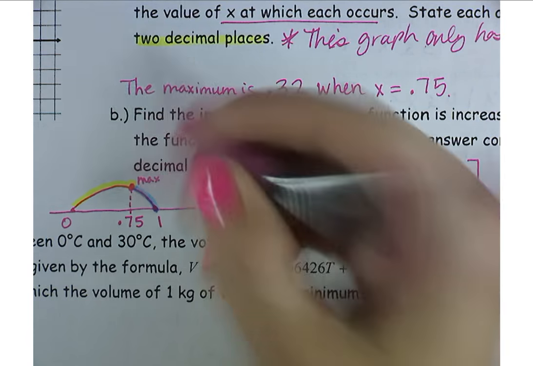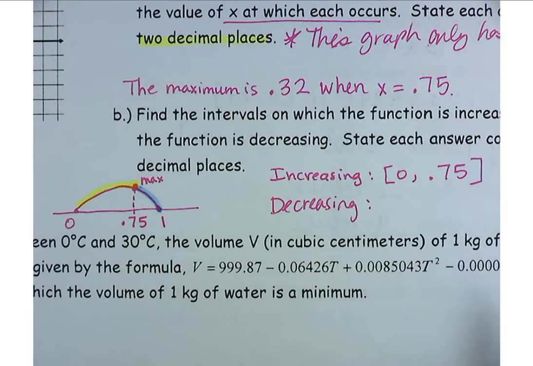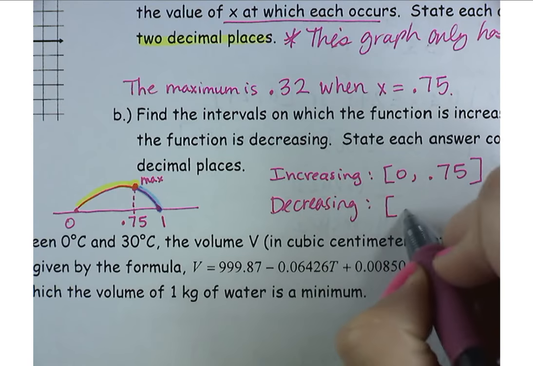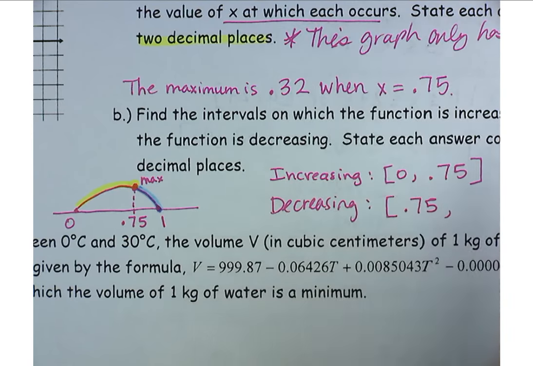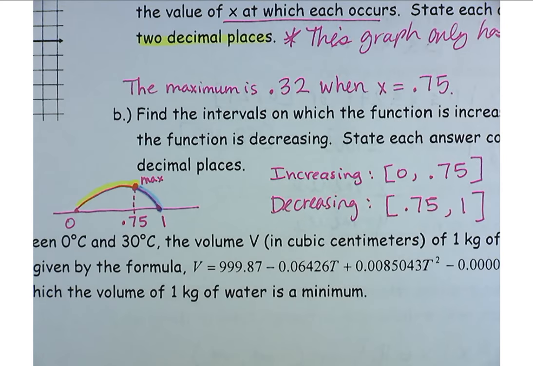Can you guys see that? What I highlighted in blue, see how it starts decreasing at the 0.75? And then it's going to keep decreasing until it gets to what number? 1. And then it stops. Okay, so that would be your increasing interval and then your decreasing interval. Do you guys have questions for me on that?